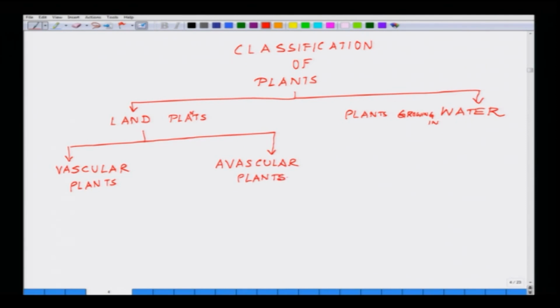Okay? The vascular plants, avascular plants: this word refers to what happens within the plants. Plants pick up water, plants pick up nutrients, plants synthesize different things. So these happen through specific channels. It's just like within our body, there are blood vessels which carry blood and lymph vessels which carry lymph.